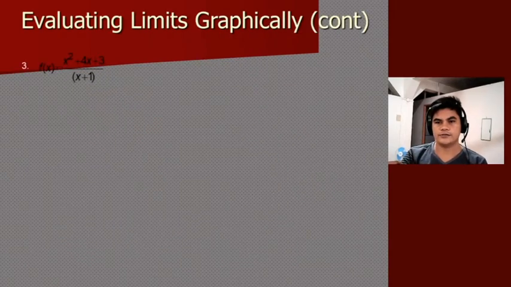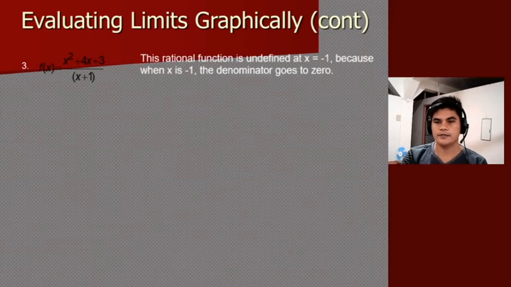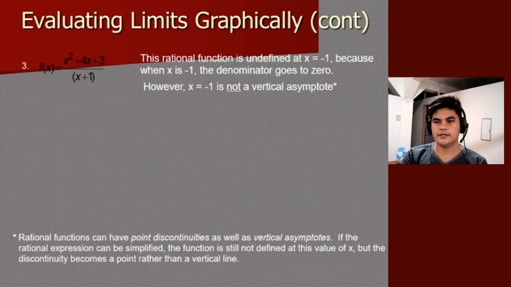How about this? f of x equals x squared plus 4x plus 3 over x plus 1. This is a rational function and is undefined at x equals negative 1, because when x is negative 1, the denominator goes to 0, right? Negative 1 plus 1 will be 0. However, x equals negative 1 is not a vertical asymptote.